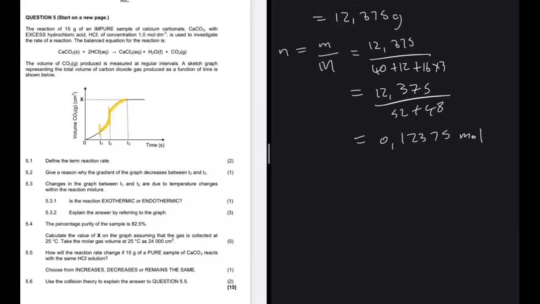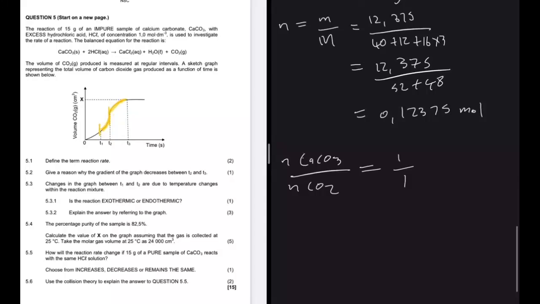And now we can relate the number of moles of calcium carbonate to the number of moles of CO2 using our balanced equation. We know that the number of moles of calcium carbonate divided by the number of moles of CO2 will equal 1 divided by 1, right? 1 being the balancing coefficient in our balanced equation. We don't have a number written, but we know that we have 1 there on calcium carbonate, and on CO2 it's also true.